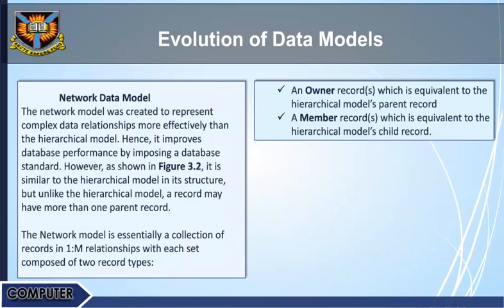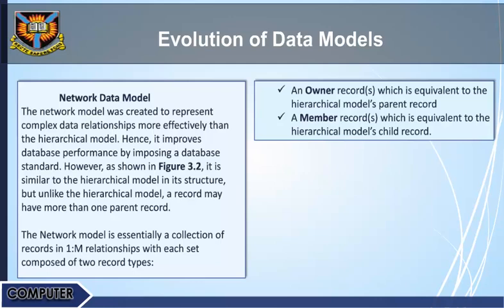Network Data Model. The network model was created to represent complex data relationships more effectively than the hierarchical model. Hence, it improves database performance by imposing a database standard. However, as shown in Figure 3.2, it is similar to the hierarchical model in its structure, but unlike the hierarchical model, a record may have more than one parent record.